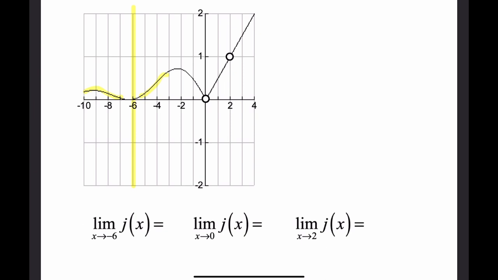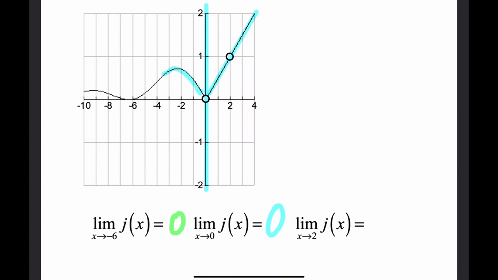So I would say 0, and then you write your justification. I'm just going to breeze through these because I'm trusting y'all to do these on your own. And I know that the limit as x approaches 0 from the left gets close to 0, and from the right also gets close to 0. So this one's also 0.